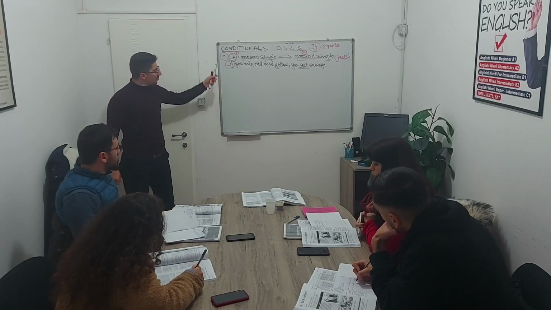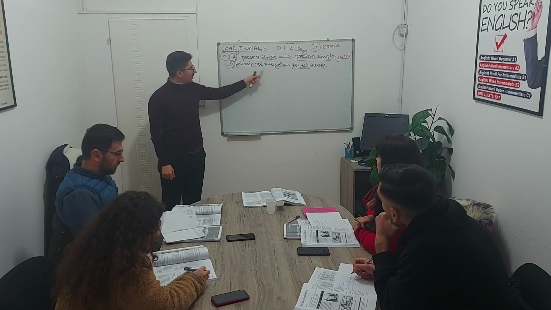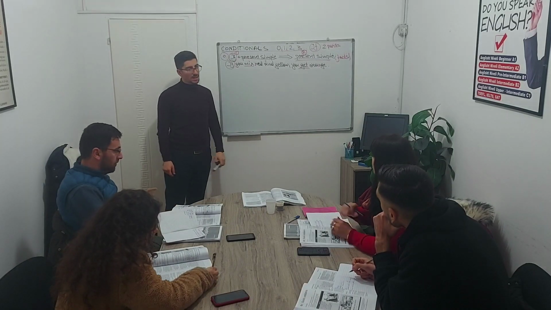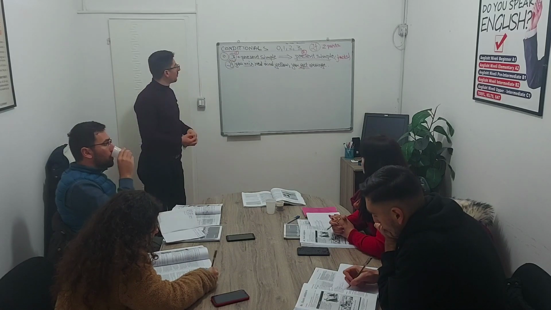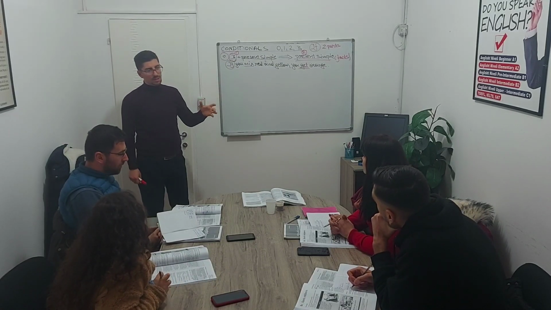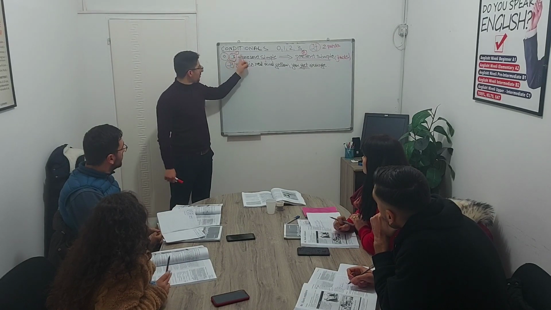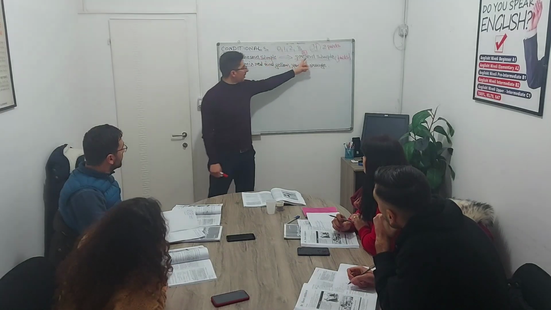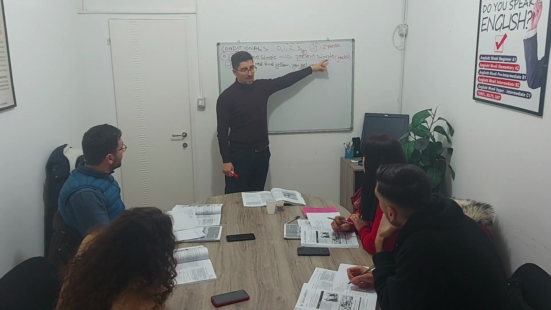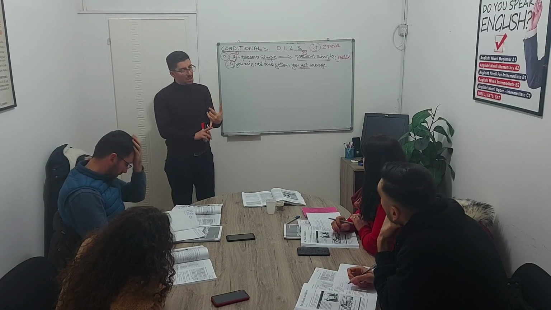So, what should we remember about 0 conditional? The first part is realized if plus present simple, while the second part is just present simple. It always expresses what? Facts.